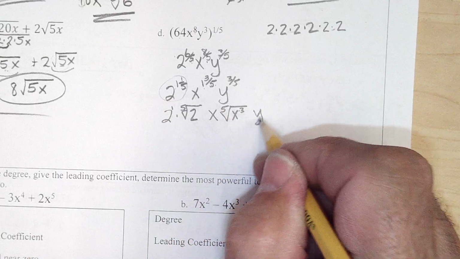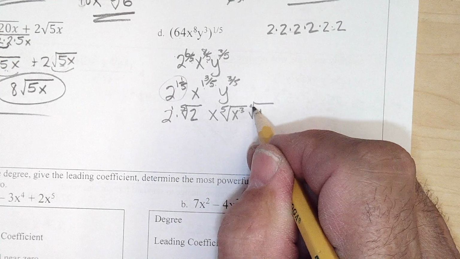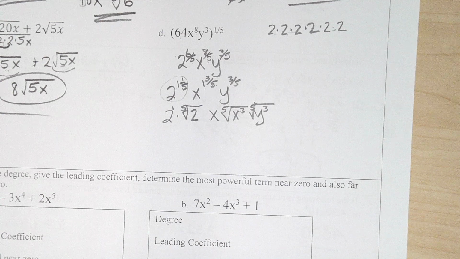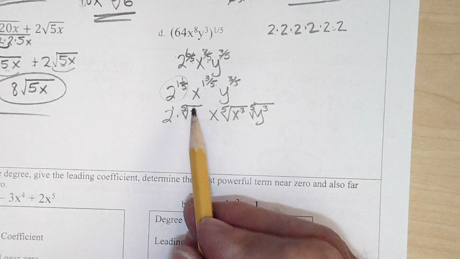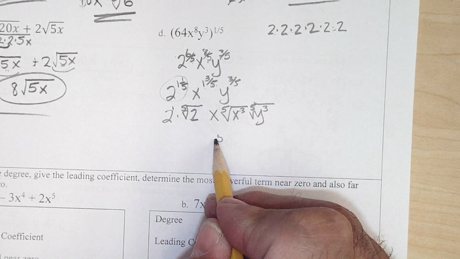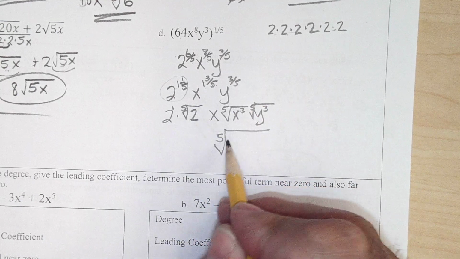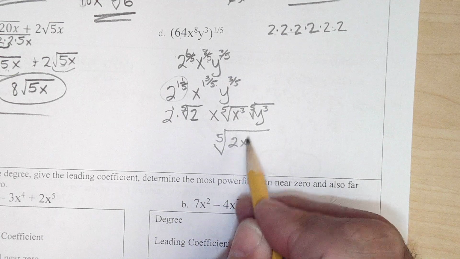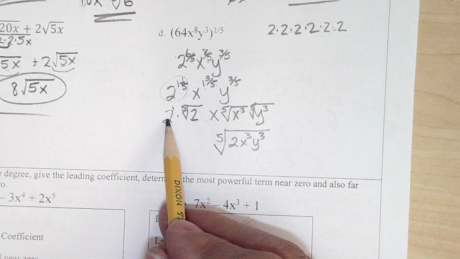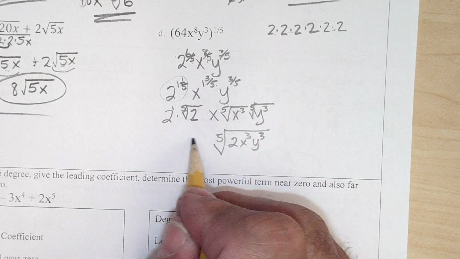And we got y, the 5th root, 3 times. So I got some things inside the 5th root: a 2, x to the 3rd, y to the 3rd. So inside the 5th root, I've got 2x to the 3rd, y to the 3rd. Outside, I have 2 and an x, and that's it.